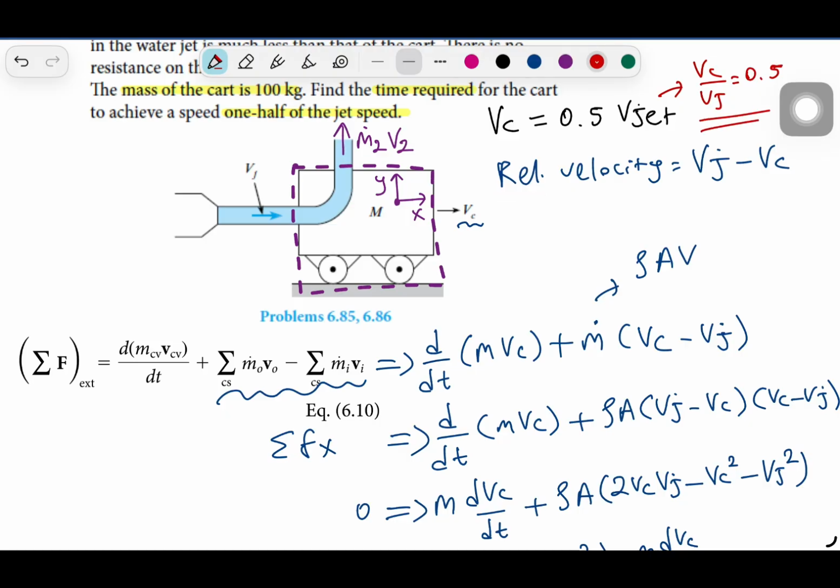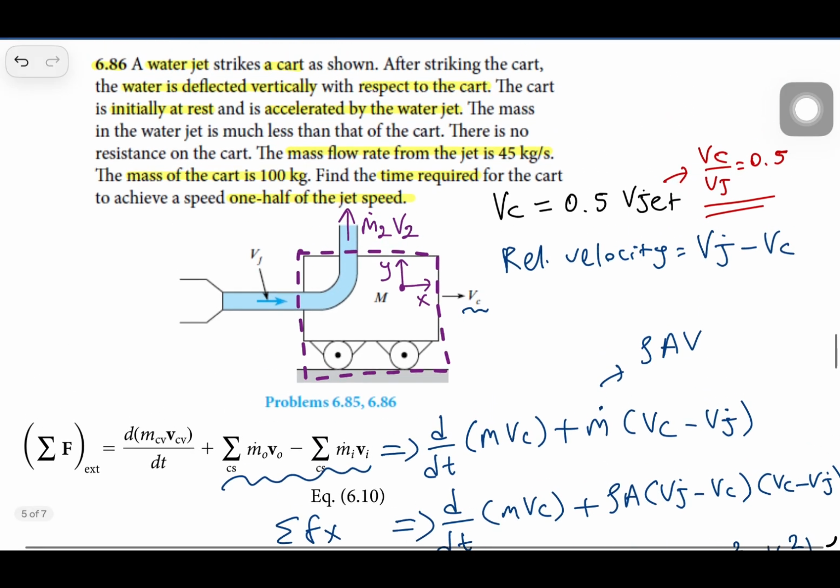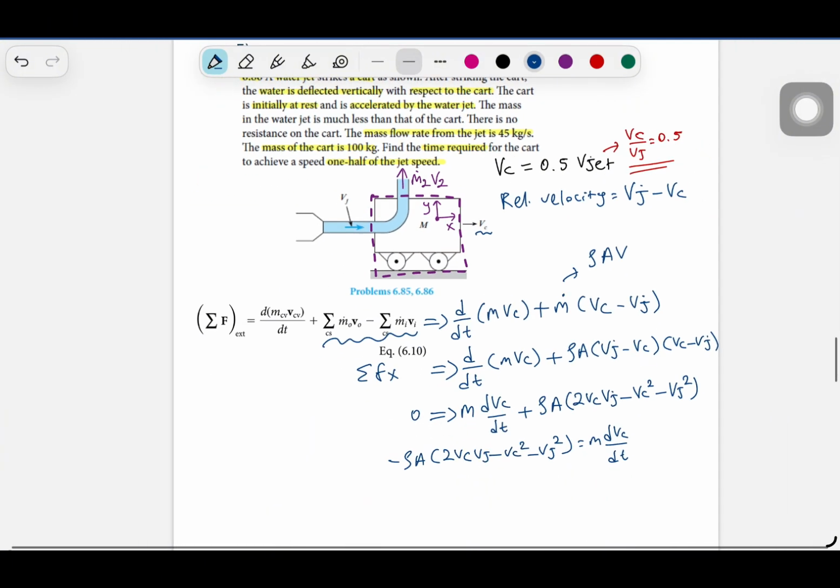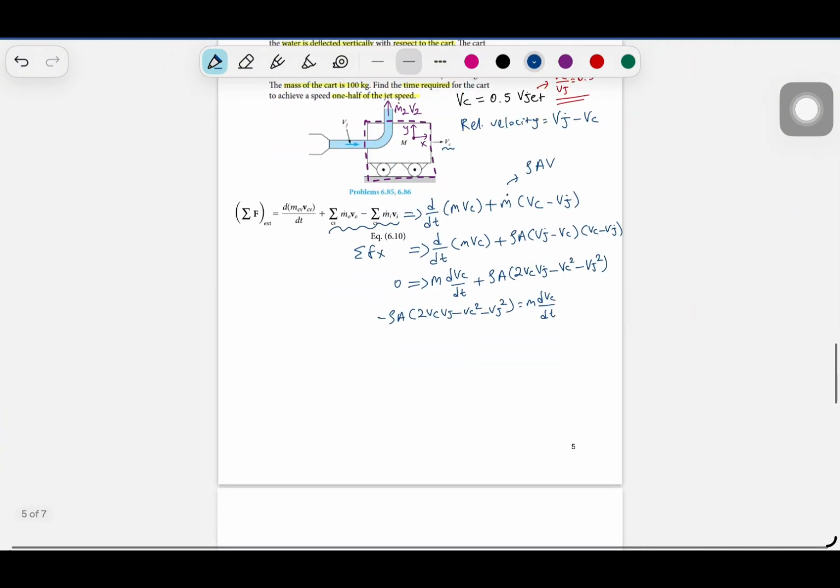To make the calculations simple, we will try to obtain this term in our equations. You will understand it better now.